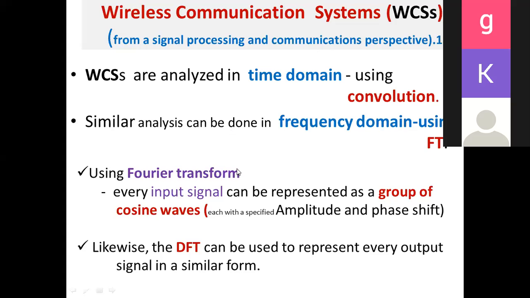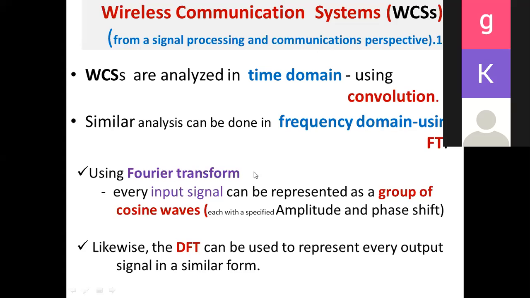Using Fourier transform, the main feature you can see here is that every input signal can be represented as a group of cosine waves. A sine wave or cosine wave, usually we specify it with a particular amplitude and phase shift. Likewise, for the output of the system, DFT can be used to represent every output signal in a similar form.